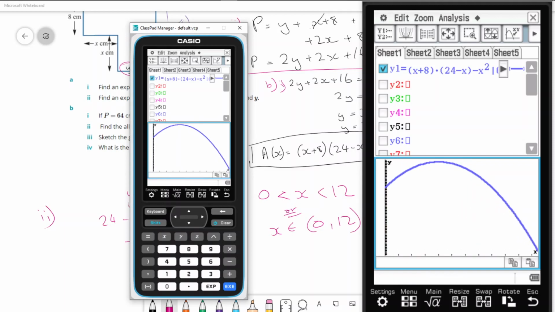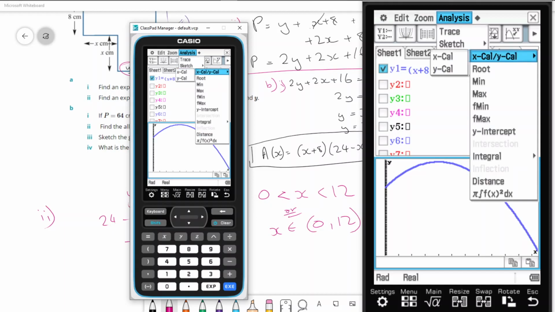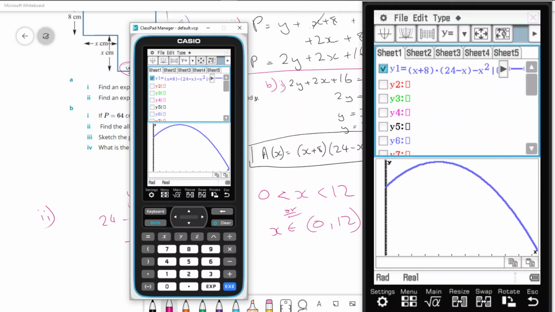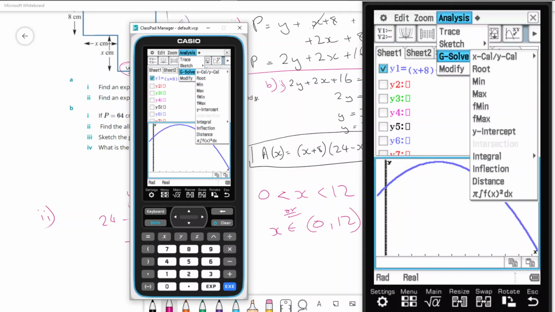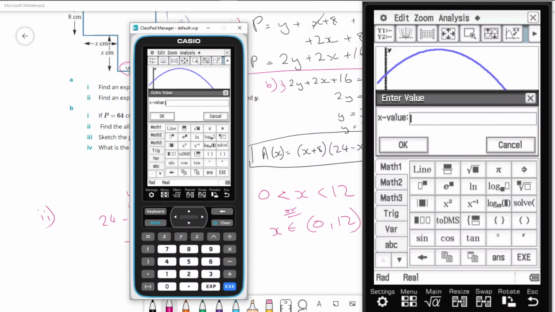So there's our graph. I can go gsolve, find my intercepts, x, y calc. Now, I set it not equal to, didn't I? So I might have trouble here. I'm just going to sketch the whole thing here. Right, analyze gsolve, x, y calc. I want to find the y calc. So when x is 0, plug that in.